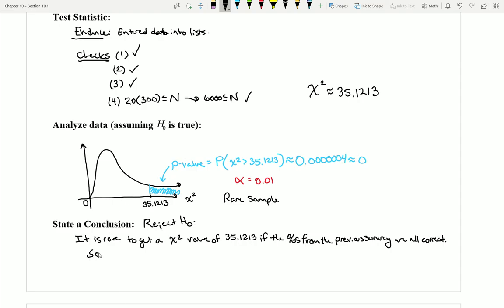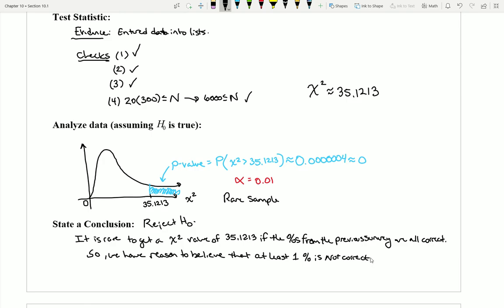So we have reason to believe that at least one percentage is not correct.